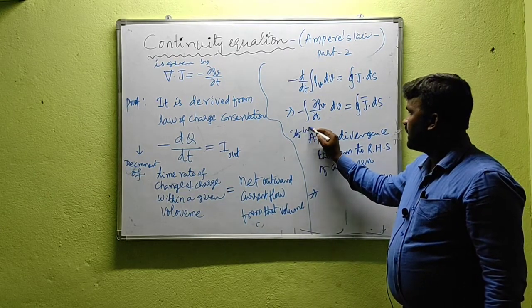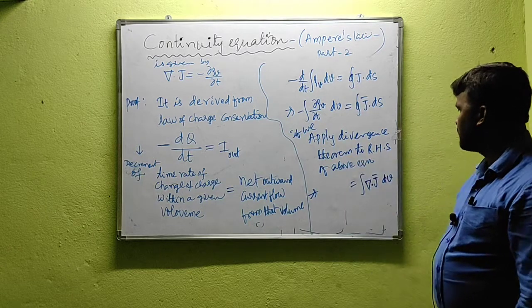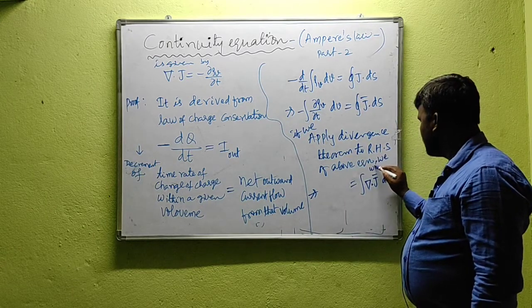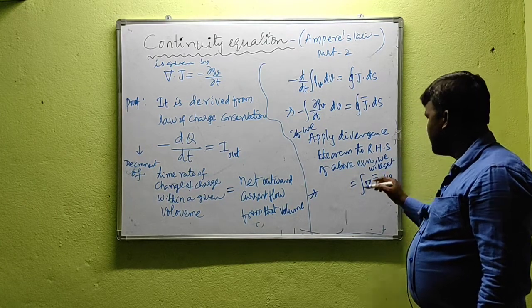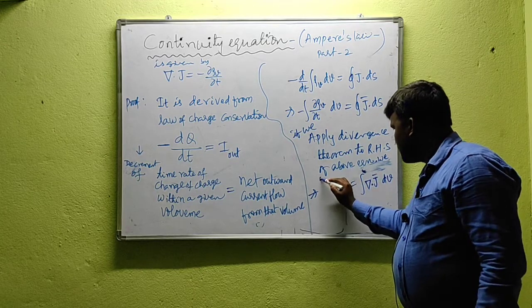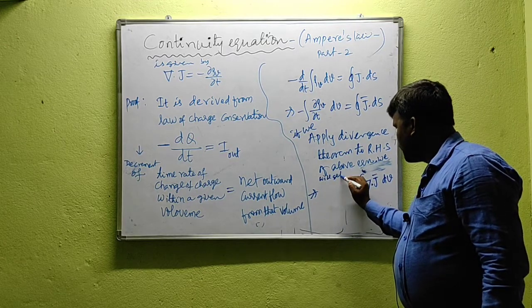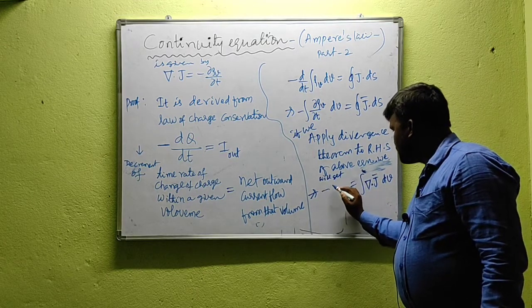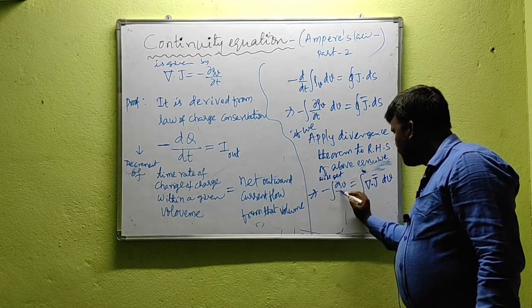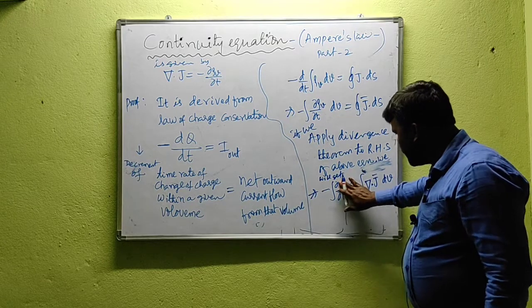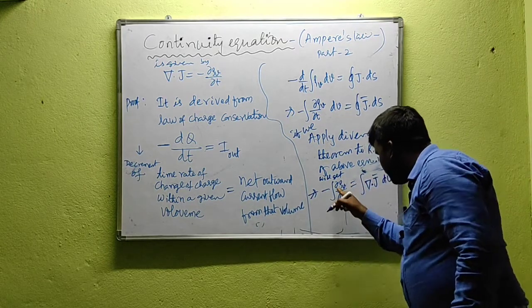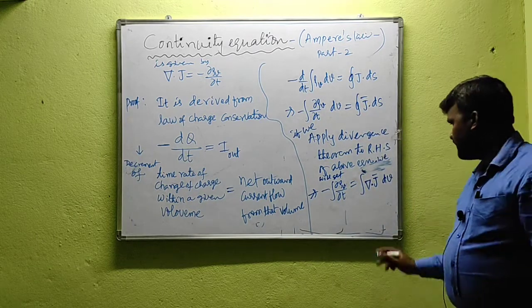If we apply the divergence theorem to the RHS of the above equation, we will get no change on the LHS, that is, the integral of minus ∂ρv/∂t dv. ρv means volume charge density.